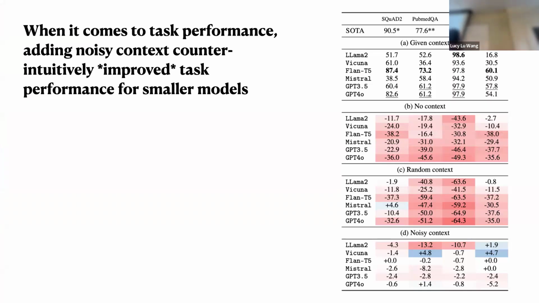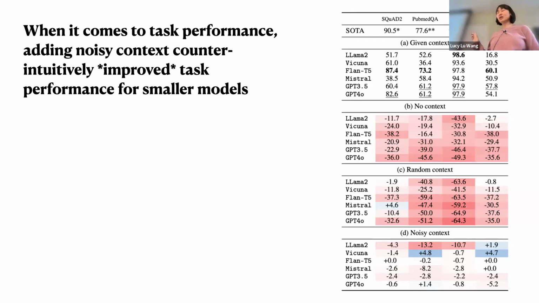If we remove the context from any of these data sets, the task performance drops by quite a bit. So the models do require the context to answer these questions. It's not like the models have simply memorized the answers to all of these questions. We do see this drop in performance.